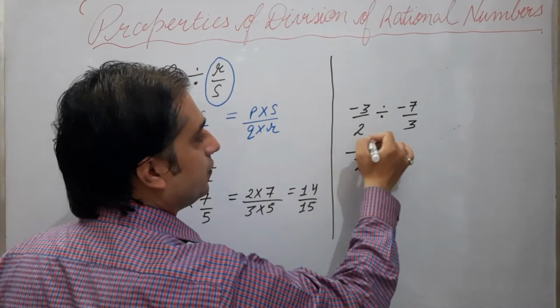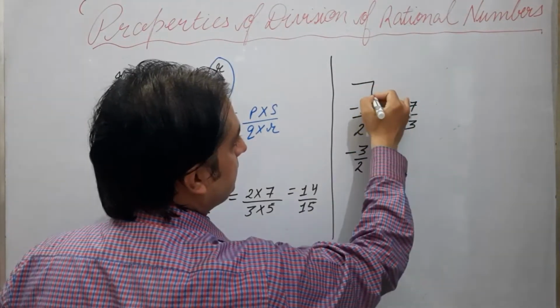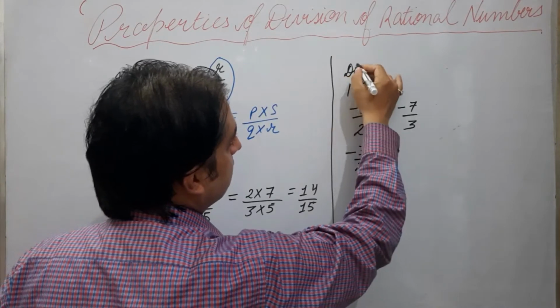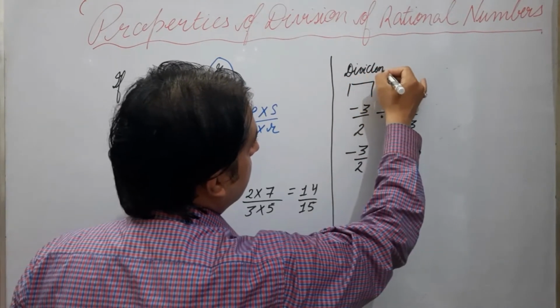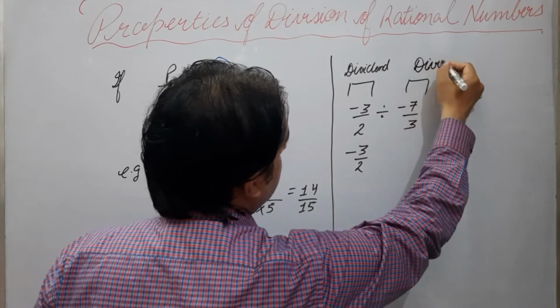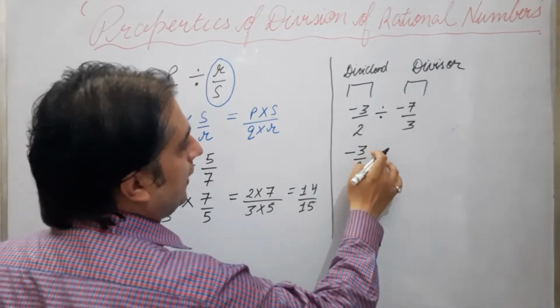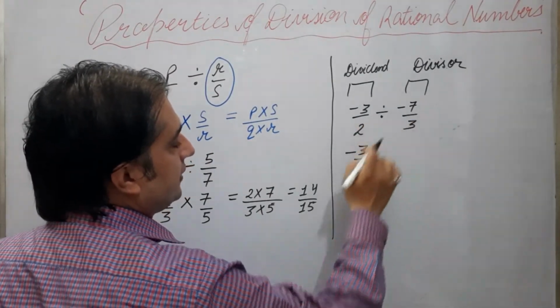This is your dividend because you have to divide this number by the divisor. This is the divisor. So divide the dividend by the divisor.